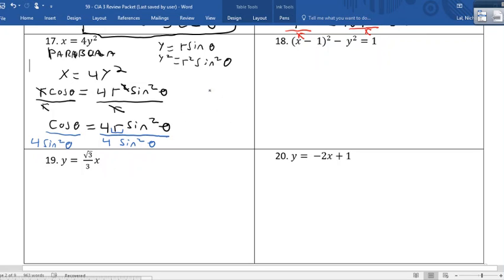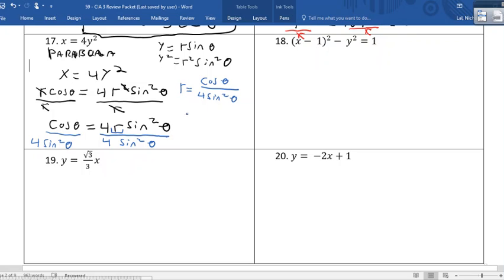And so that's going to make r equal to the cosine of theta over 4 times the sine squared of theta.